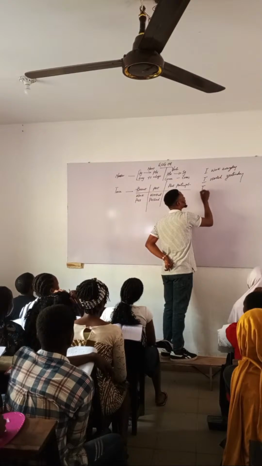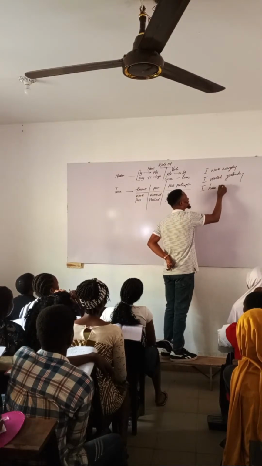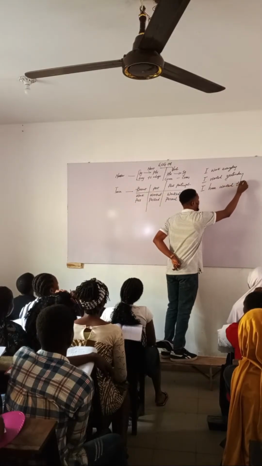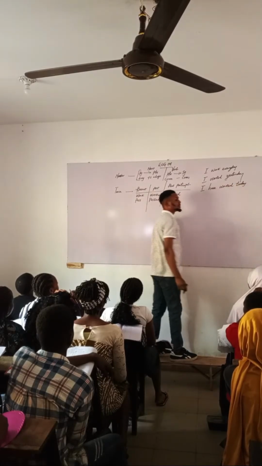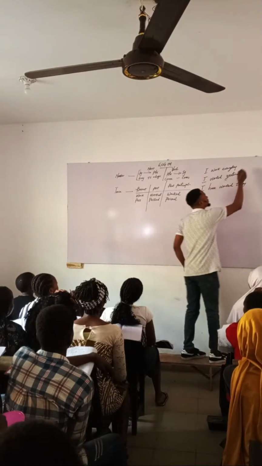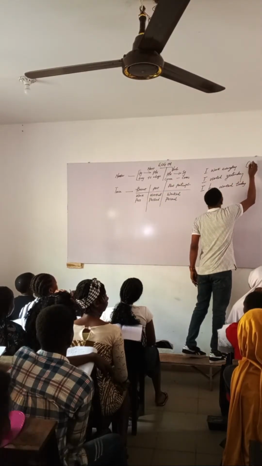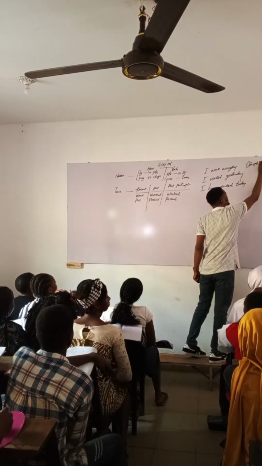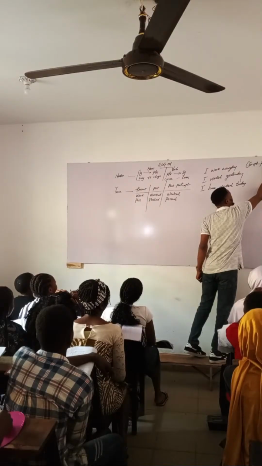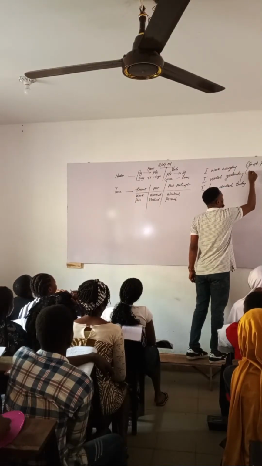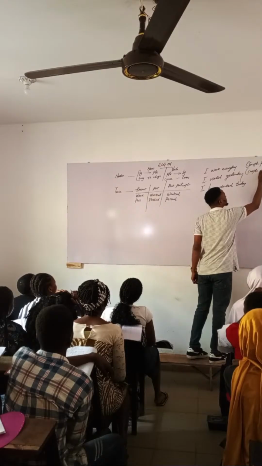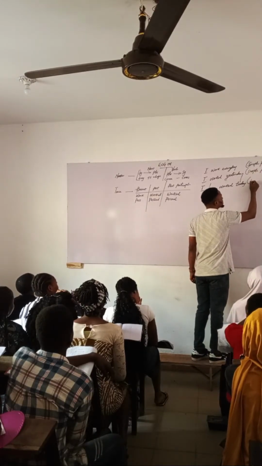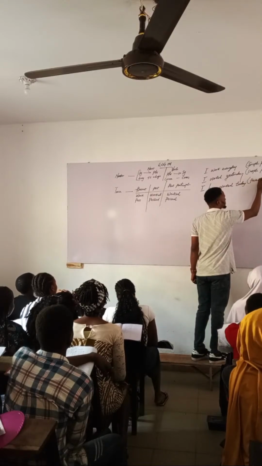And you have: I have worked today. Why is this present tense? Why does this express simple present? This expresses simple past. And this expresses present perfect.